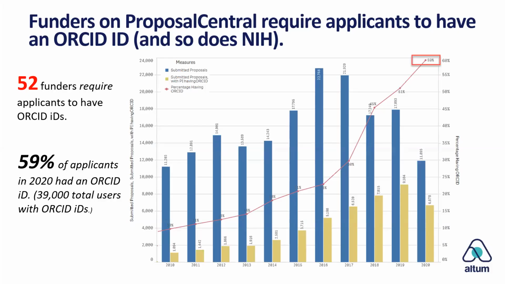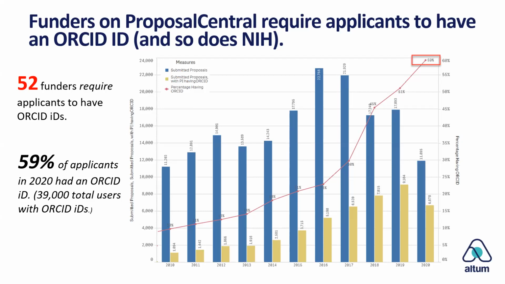In 2020, 52 of the funders on Proposal Central require you as an applicant to have an ORCID ID. And right around 59% of our applicants in 2020 had an ORCID ID, and it's about 39,000 total users in Proposal Central that have this.